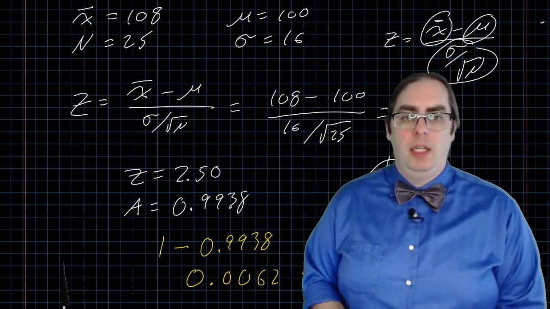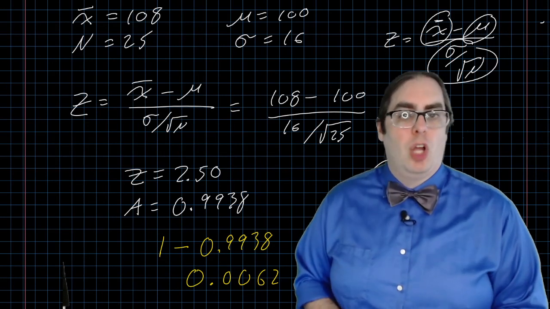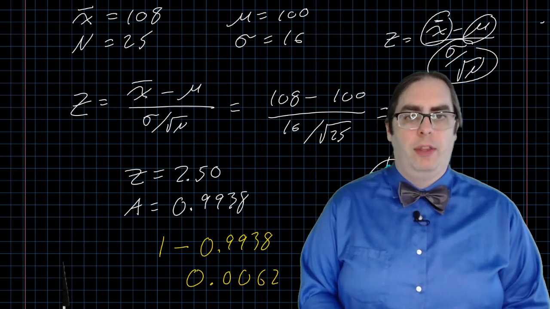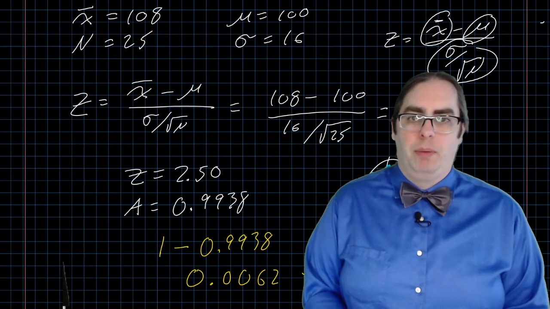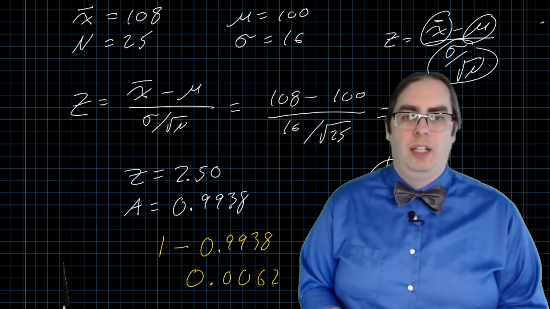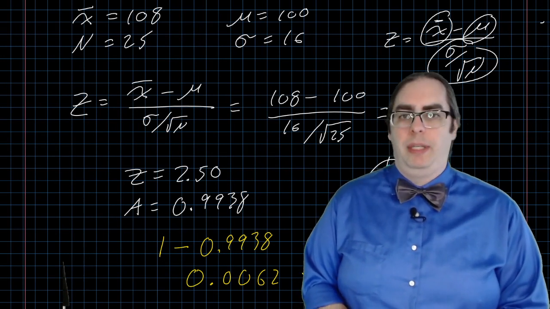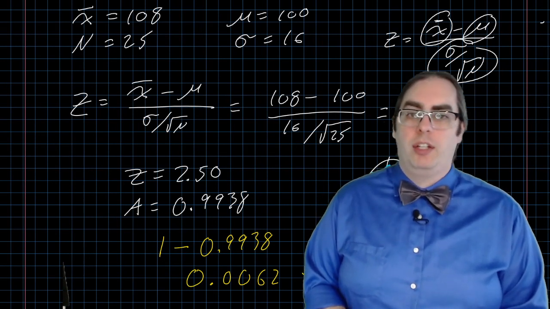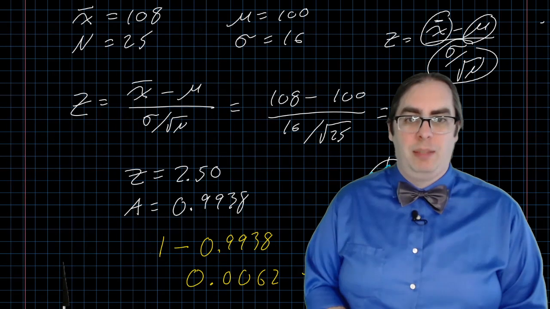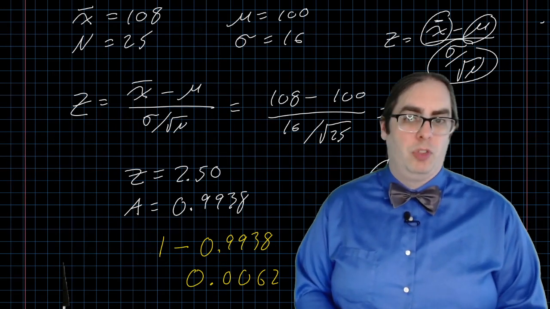That might mean that the group that I'm looking at is not random in some way or another. I might later find out that the group that I've studied, that I selected at random, happen to also all have PhDs. Well, that's not representative of the population anymore, so my random sampling was not very random.